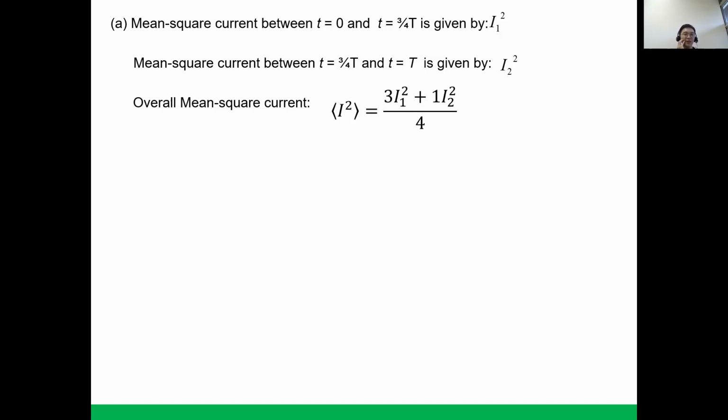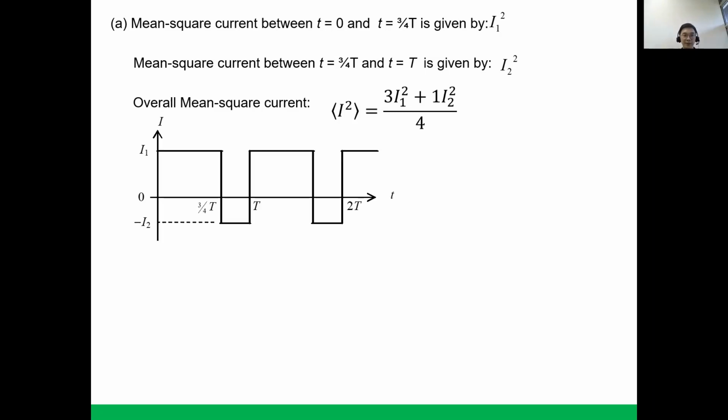So if you then take the mean, since 3/4 of the time is I1 square and 1/4 of the time is I2 square, the average would be the following equation: 3 I1 square plus 1 I2 square, divided by 4. Okay, so that's the mean.